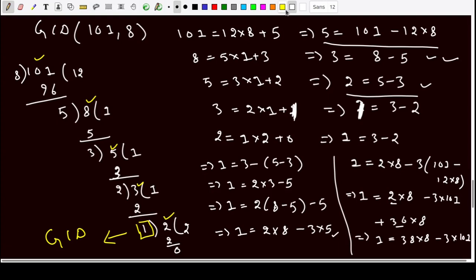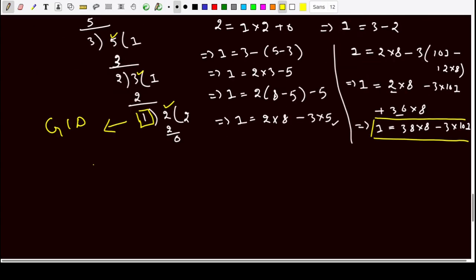That is how we express GCD of 101 and 8 in the form of ax plus by. Let me write it down. GCD of 101 and 8 is 1, and this can be expressed as 38 times 8 minus 3 times 101.